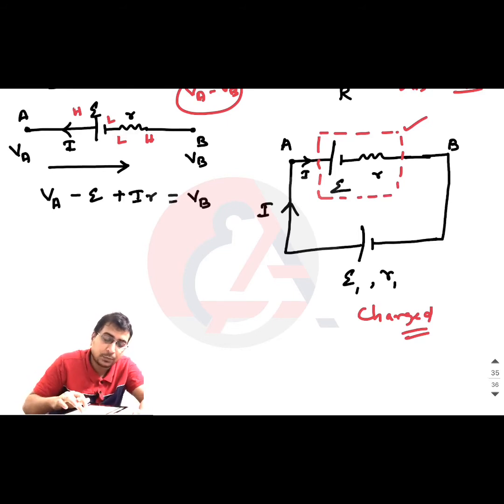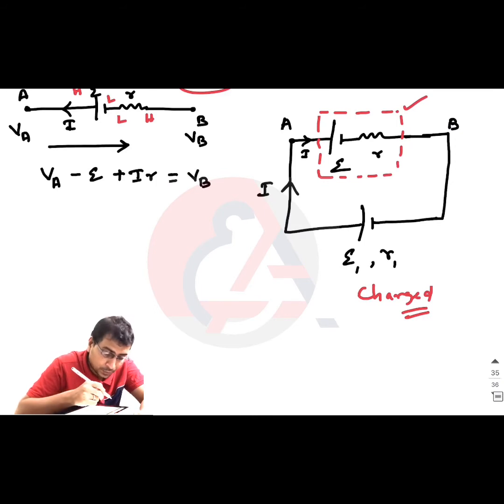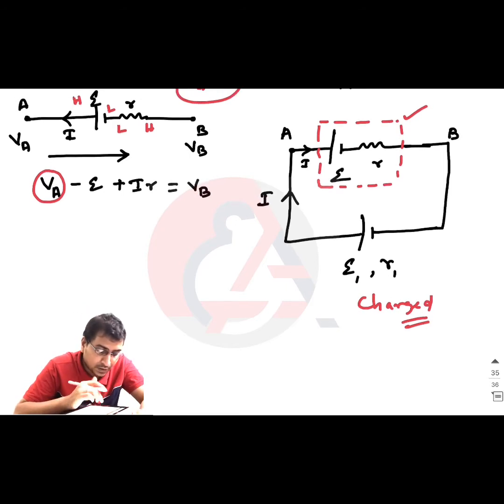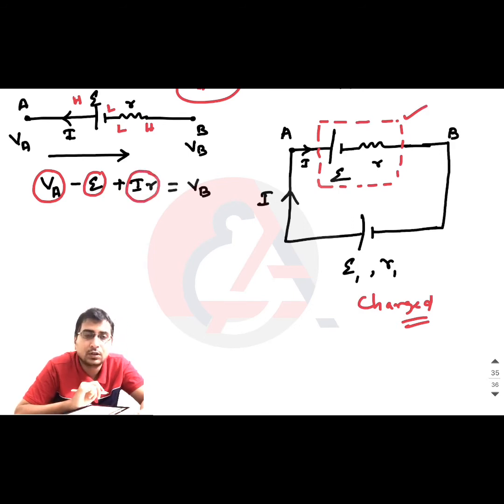Let me explain the meaning of this equation. When you started at point A, the potential you had in your hand is VA. When you crossed the cell, you lost a potential of E from VA. But when you passed across the resistor, you gained some more potential, IR.